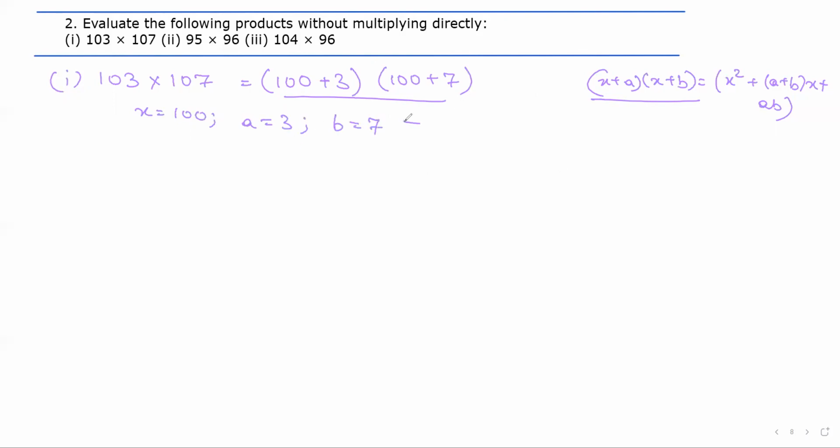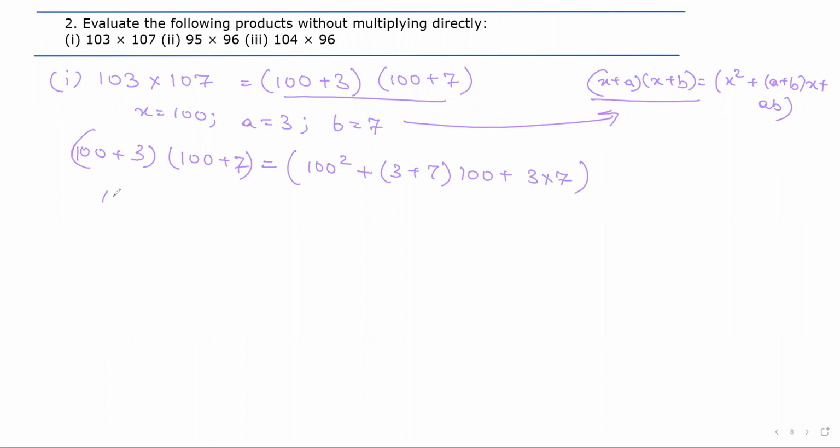Placing it in this equation, we get 100 plus 3 into 100 plus 7 is equal to 100 square plus 3 plus 7 into 100 plus 3 into 7.